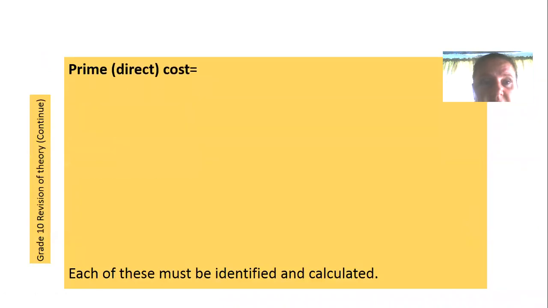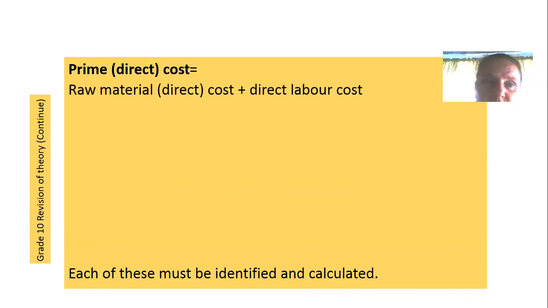In order to calculate direct cost or prime cost, I'm going to add my raw material cost or direct material costs, and to that I'm also going to add my direct labor cost. Direct labor cost is all labor that's actually involved with the manufacturing. So it's not the supportive staff, it is the people that are actually involved with the manufacturing.